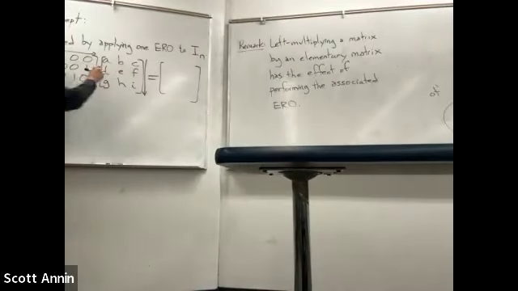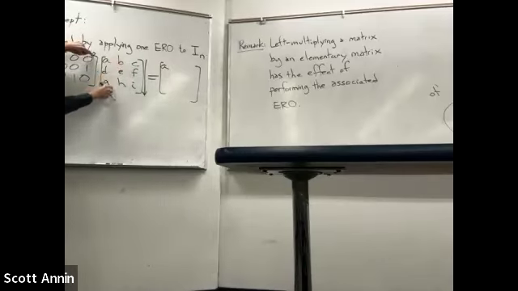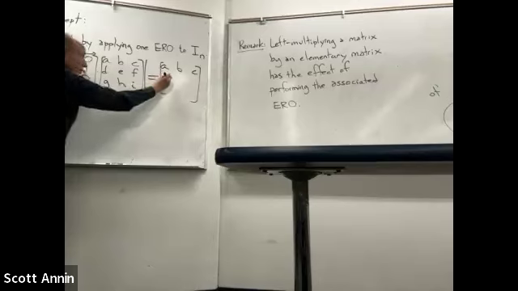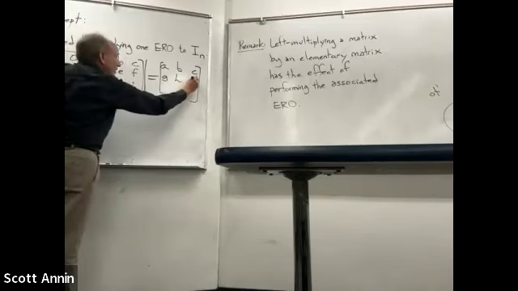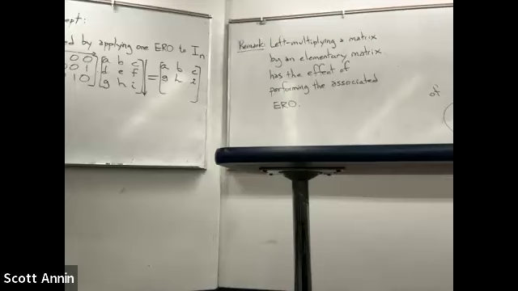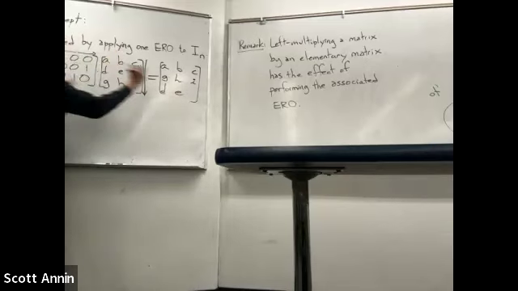What are we going to get here, guys? In the upper left corner, A plus 0 plus 0, that would be A. Then B plus 0 plus 0, which is B. C plus 0 plus 0, which is C. On the second row, 0 plus 0 plus G, then 0 plus 0 plus H, and 0 plus 0 plus I. Now on the third row, 0 plus D plus 0, then 0 plus E plus 0, and 0 plus F plus 0.